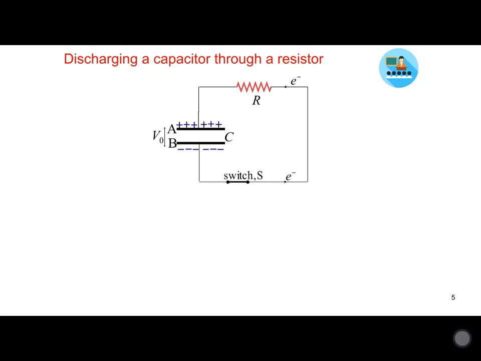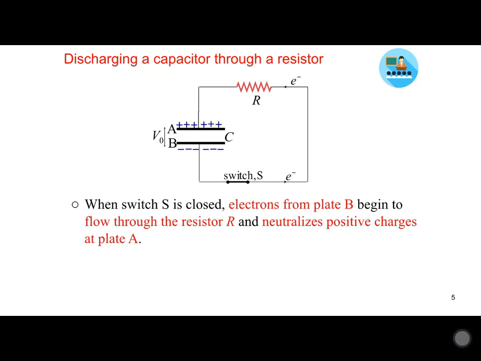So the process continues until the current through the resistor is zero. At this moment, all the charges at plate A are fully neutralized and the voltage across the capacitor becomes zero. So it is completely discharged when all the charges at plate A are fully neutralized.